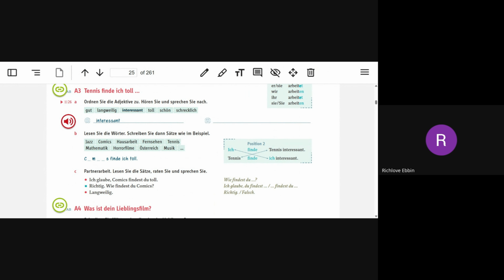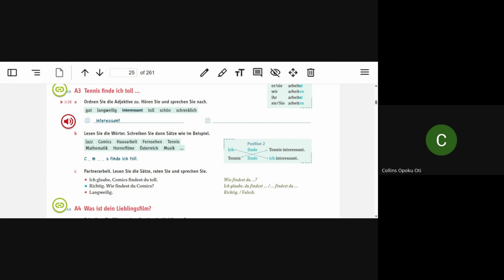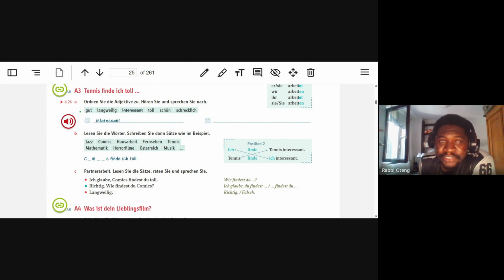Comics, Hausarbeit, Fernsehen, Tennis, Mathematik, Horrorfilm, Österreich, Musik. Okay, so you can use these adjectives to form sentences with these.